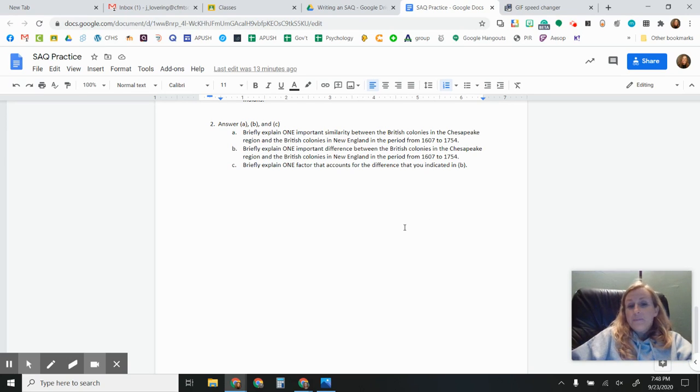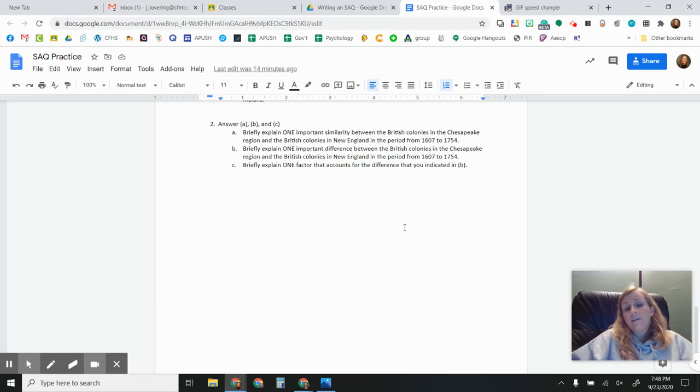One similarity, and don't say that they're both British colonies. That's absolutely not good enough. So what you do want to say is maybe something like that there was farming that existed in both areas. That a similarity for that, or that people were coming to have like a fresh start or a new start.